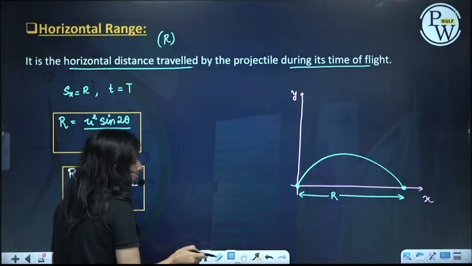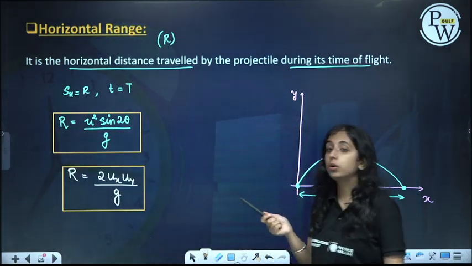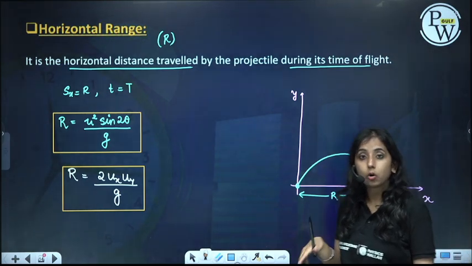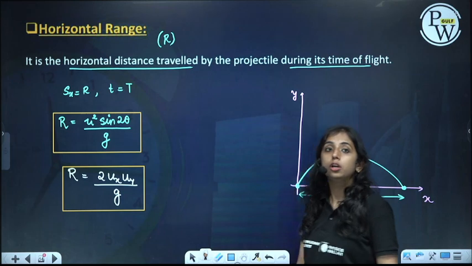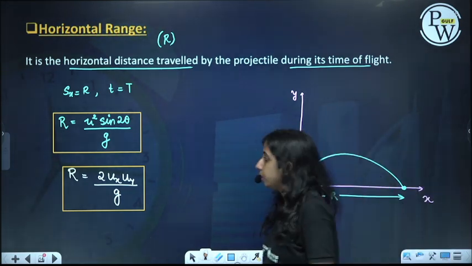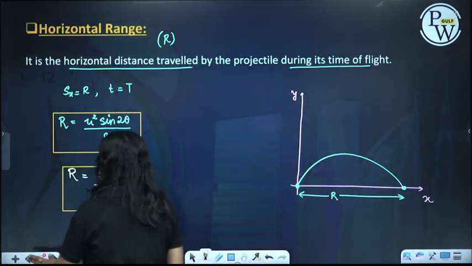When we open this sine 2 theta, it will become 2 sine theta cos theta. So we can rewrite it like this: R is equal to u square sine 2 theta by g, or 2 ux uy by g.